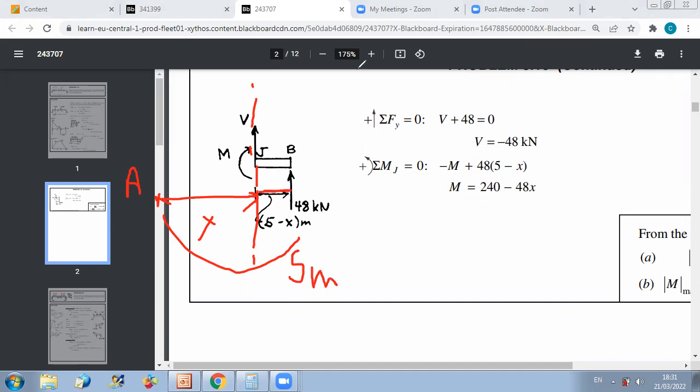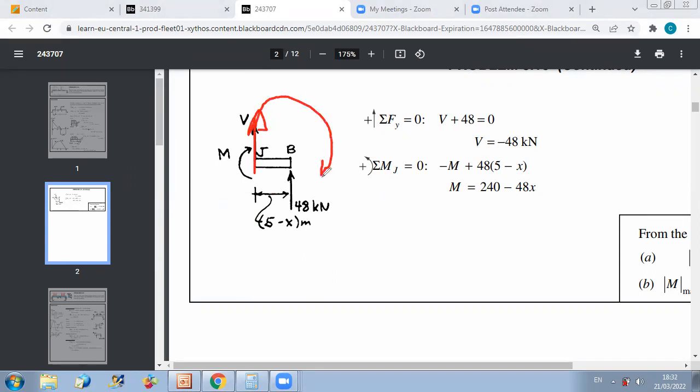Now, because I kept the right part, the V and M will be reversed. So V is considered positive, as we discussed, when it's rotating clockwise about the end of the beam. So now V is positive upward, and the bending moment is positive if it's compressing the upper part of the beam. So here the bending moment is positive when clockwise.